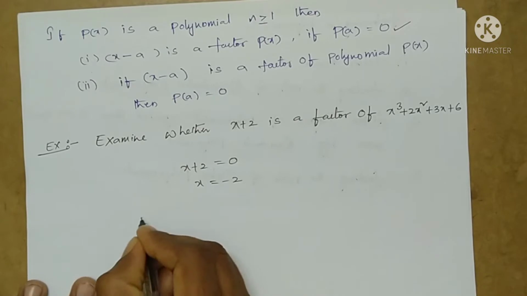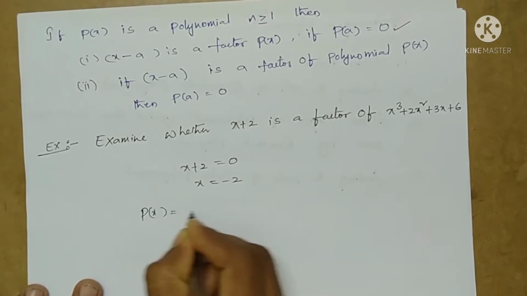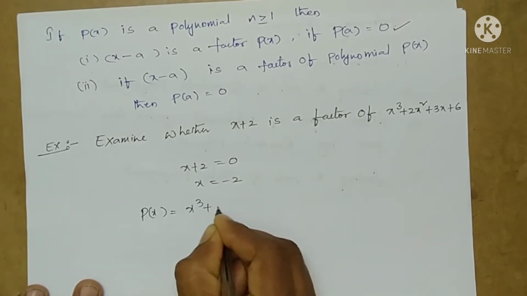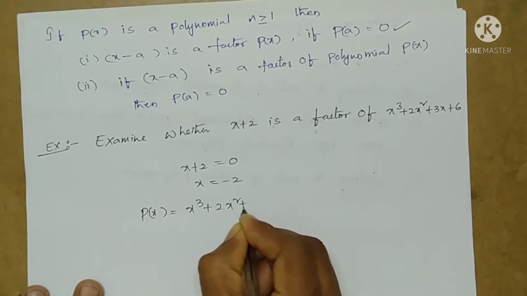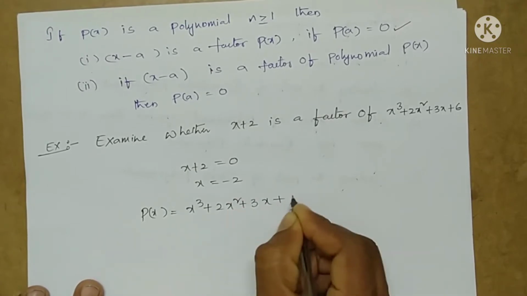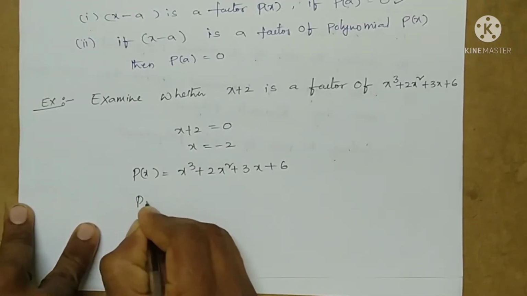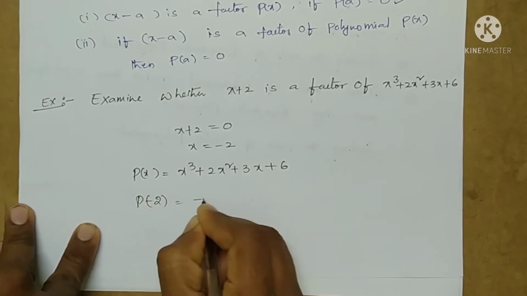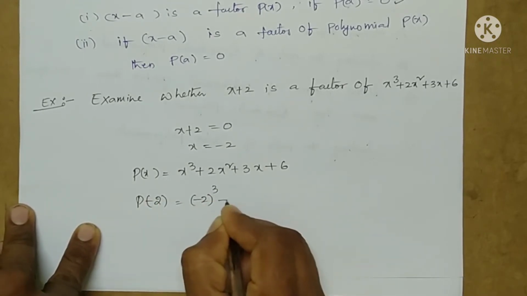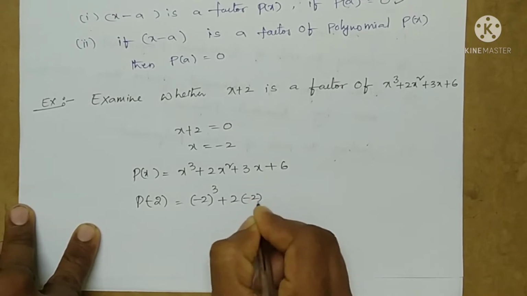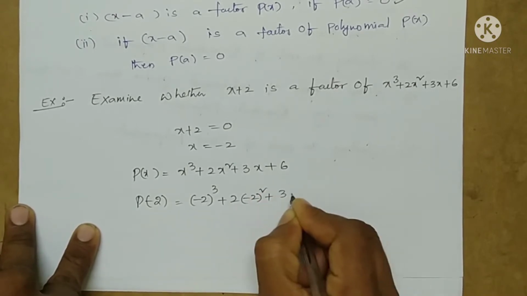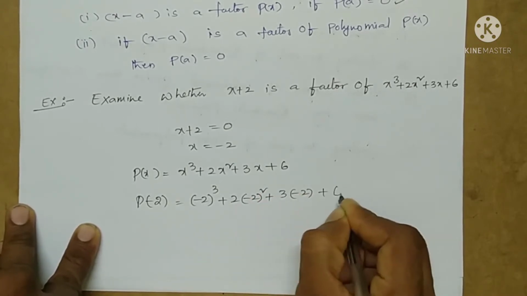So this is our p of x, right? p of x is equal to x cube plus 2x square plus 3x plus 6. p of minus 2 is equal to minus 2 whole cube plus 2 into minus 2 whole square plus 3 into minus 2 plus 6.